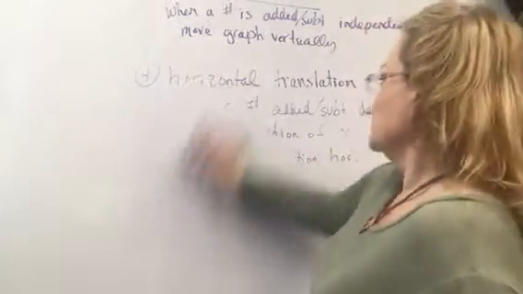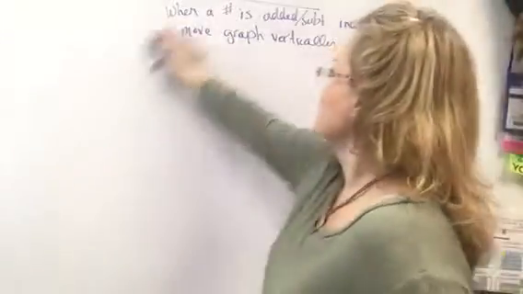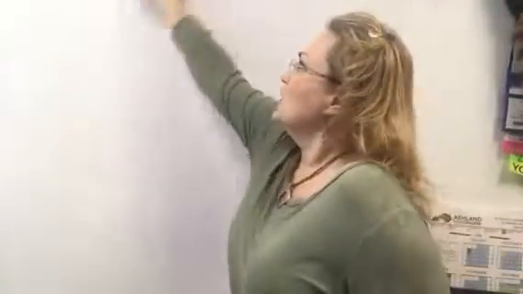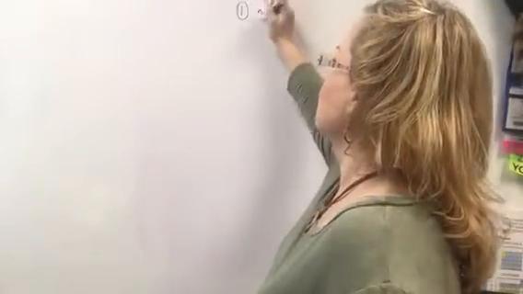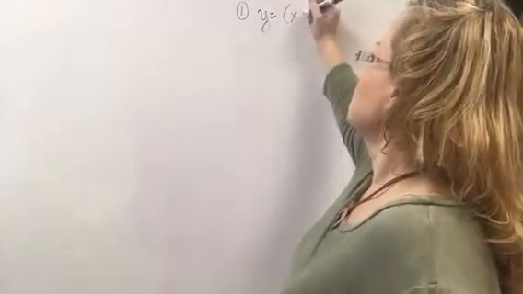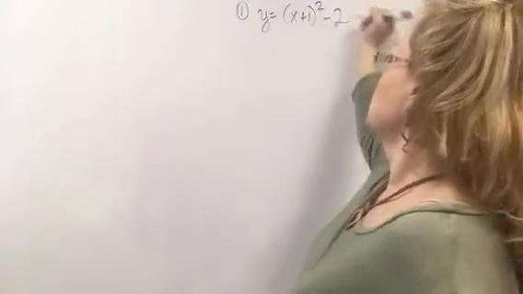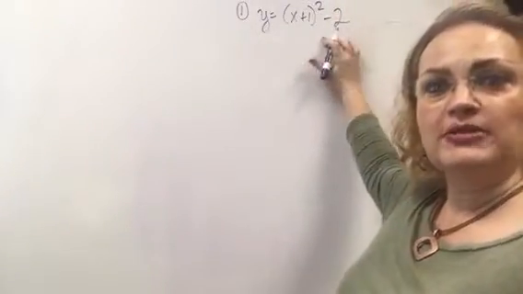All right, let's put a few of these together now, because in your homework you'll see they'll have all 4 of these rules thrown together to give you one big problem at times. So let's say we have y equals (x plus 1) squared minus 2. This is our parabola shape.